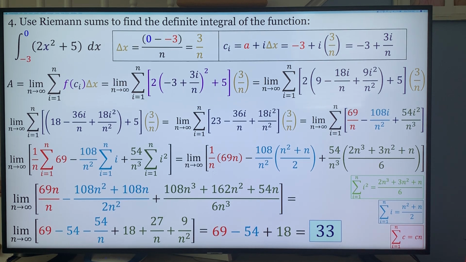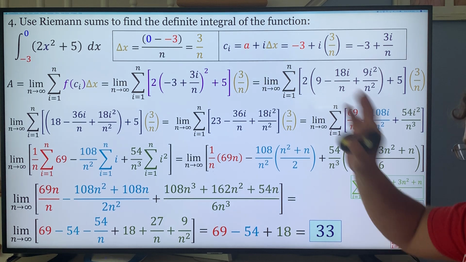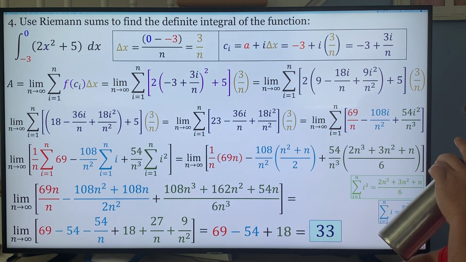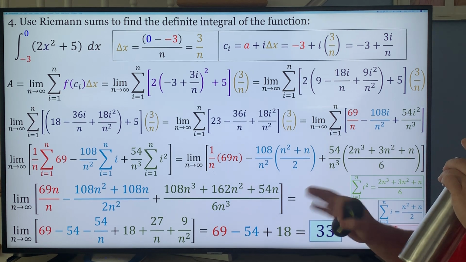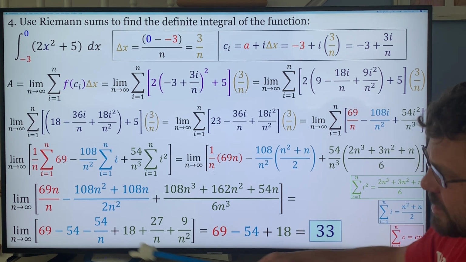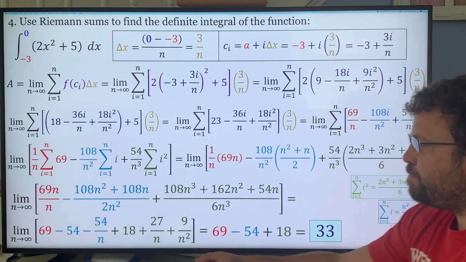And this is much more accurate than the actual maximum minimum Riemann summation formulas with the rectangles, because you have an infinite number of rectangles.